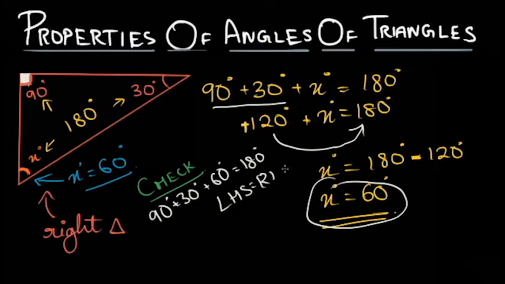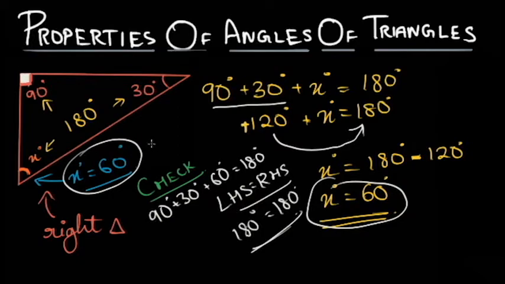This should show that LHS is equal to RHS. Now the sum of 90 and 30 and 60 is 180 degrees. So this makes 180 equal to 180. And that is true. So LHS is equal to RHS and X is equal to 60.